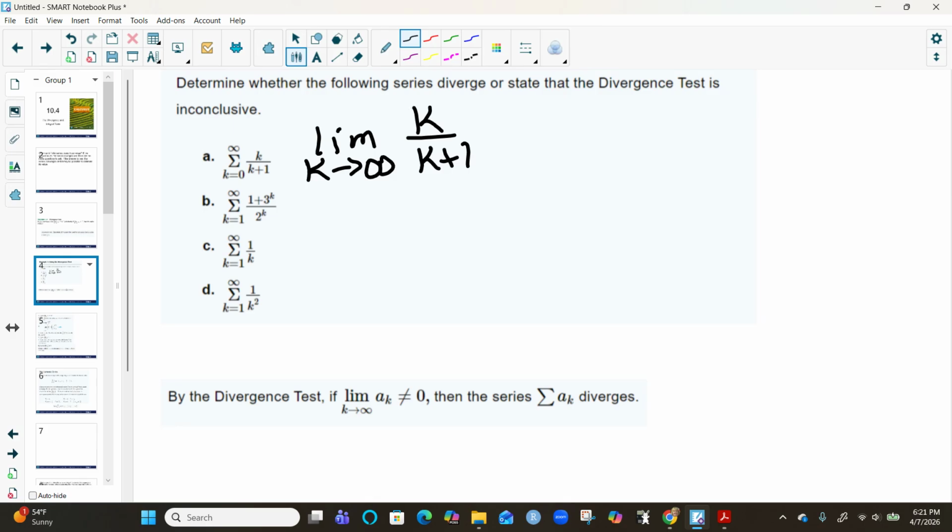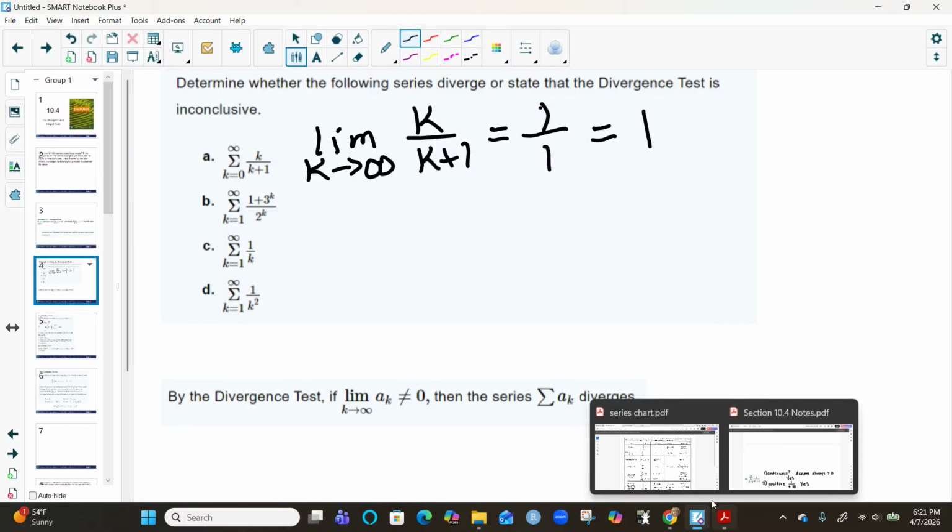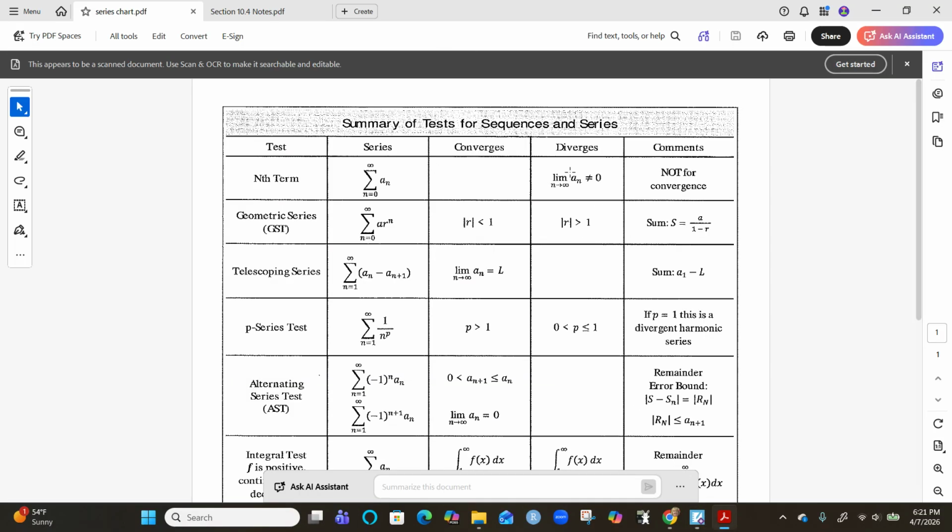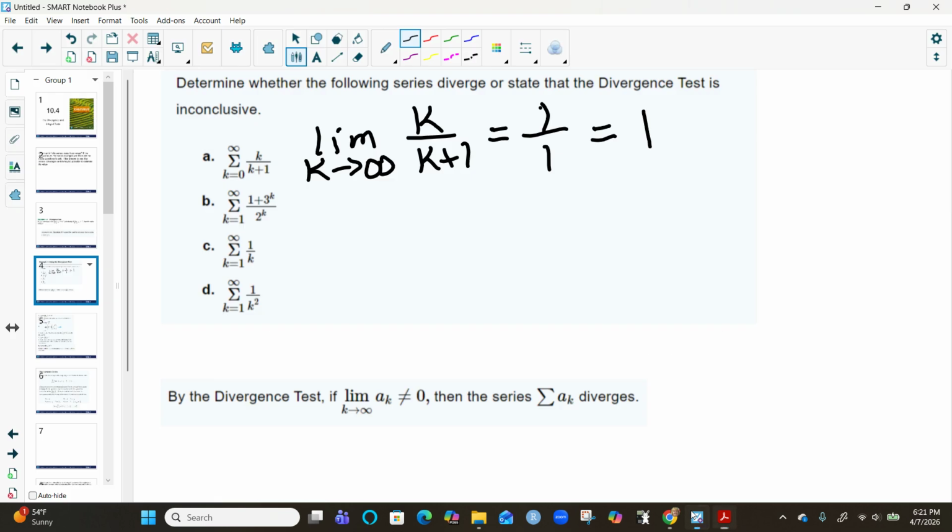The degree of the numerator is the same as the degree of the denominator. So the limit is the leading coefficient over the leading coefficient, which is 1. And if we go back and look at our series chart, the limit is not 0. It is not 0 because it is 1. So it diverges.